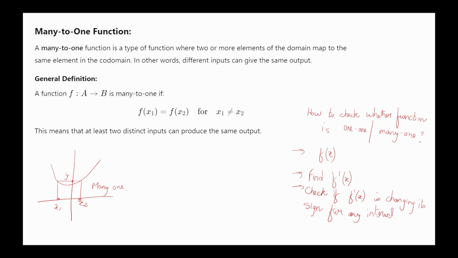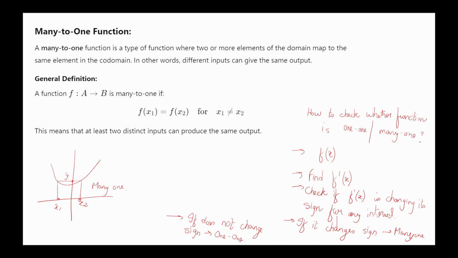If f dash x is changing its sign, that means it is going to be a many one function. So if it changes sign, it is simply a many one function. And if it does not change its sign, it becomes a one one function. So I'll write it down here: if it does not change sign, then it is a one one function.